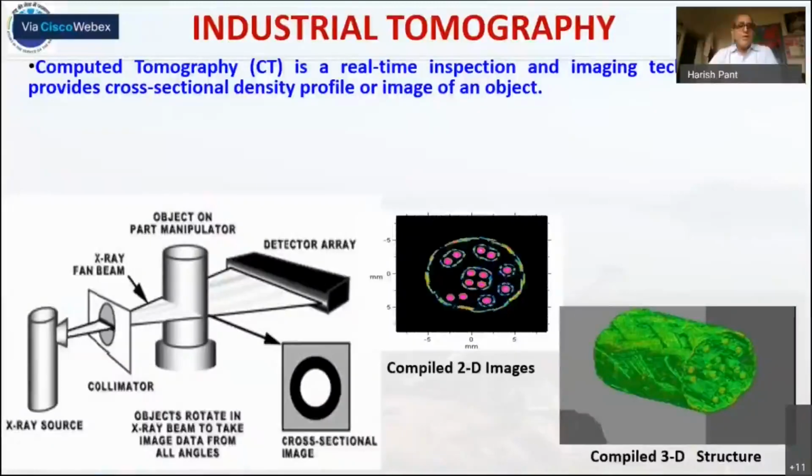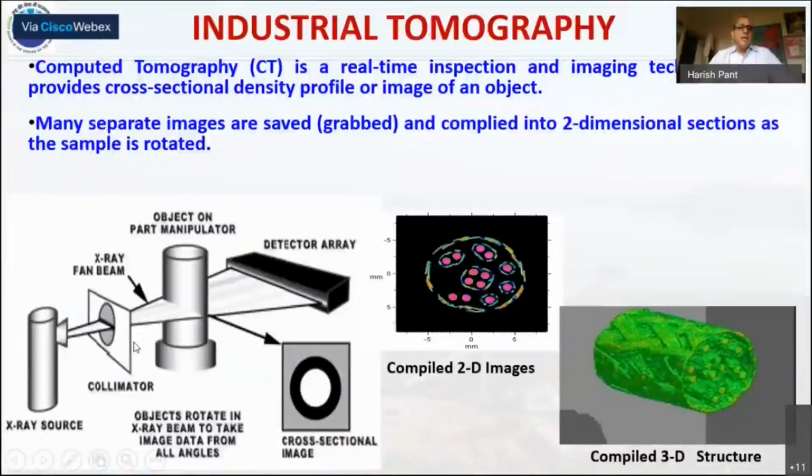So you can see here, this is a schematic representation of the tomographic technique. You have an X-ray machine, or it may be a radioisotope source here, and the beam is collimated. There is a fan beam collimator here, and a fan beam of X-rays falls on the object.